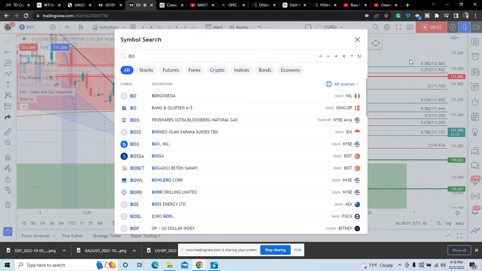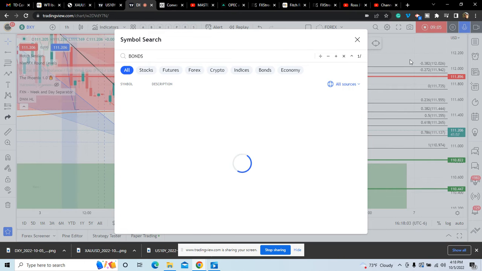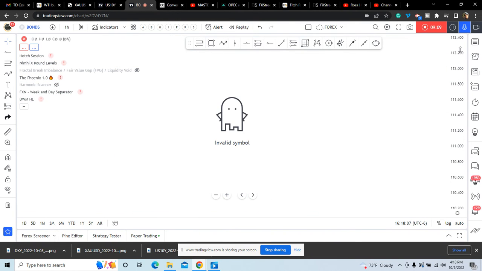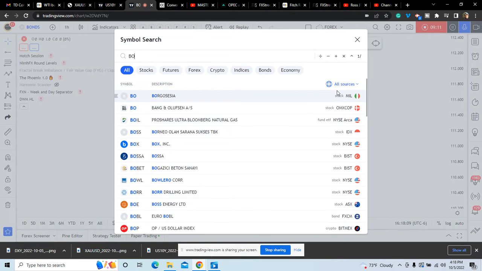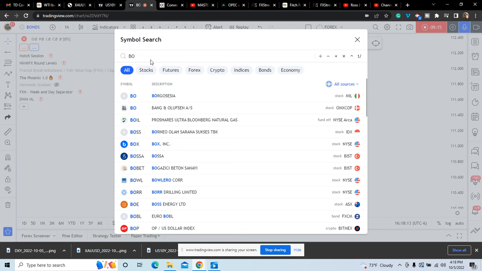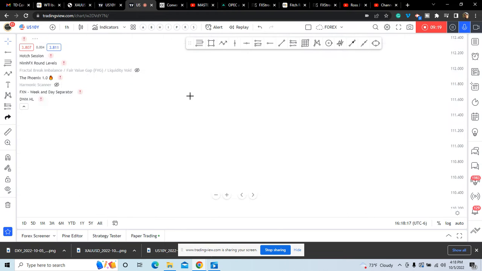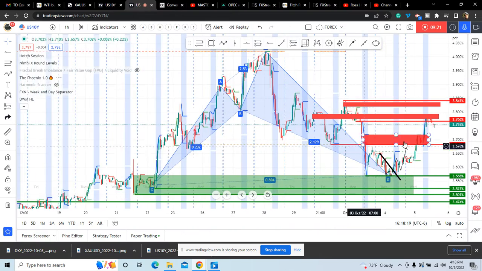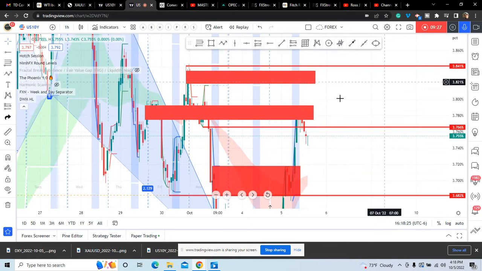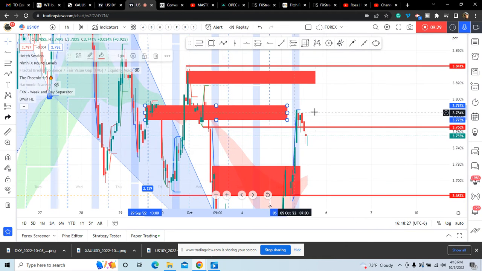And then US yields. As I said in previous videos, it made no sense that the dollar was on the back foot when yields were effectively robust. We had this scenario play out that I talked about, and they just went on a tear. Now they're into resistance.